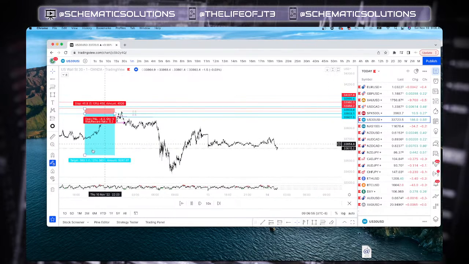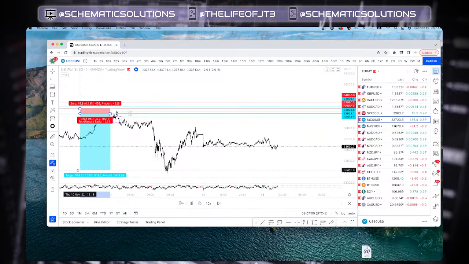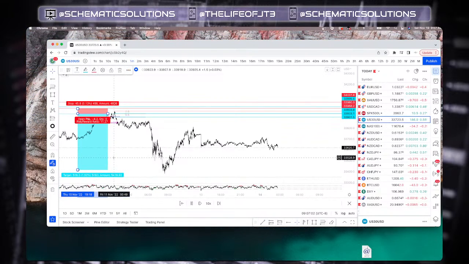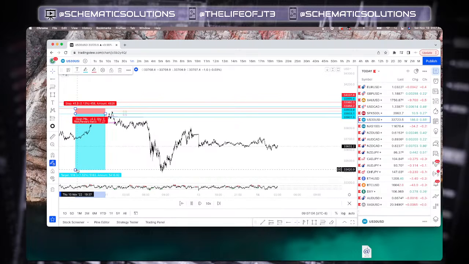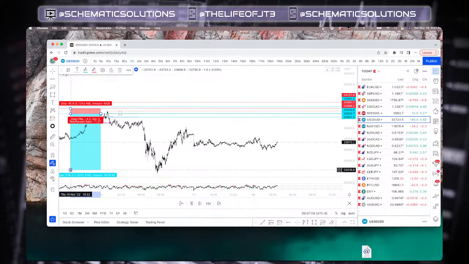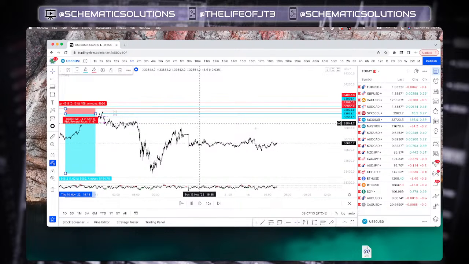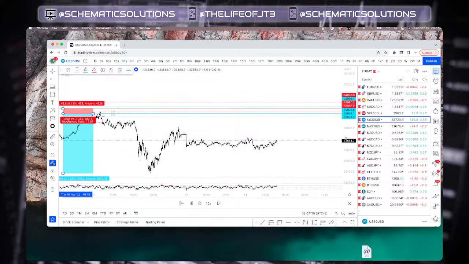So what did this run to? Did it run to our 1 to 10? Okay, so we would have taken our first partials at that 1 to 10, obviously. It's ran to about like a 1 to 11. Almost 1 to 12. And now we're waiting for her to come back up to us, right?